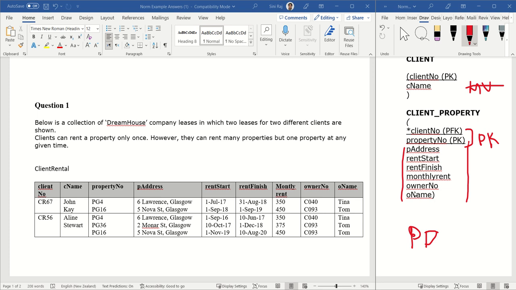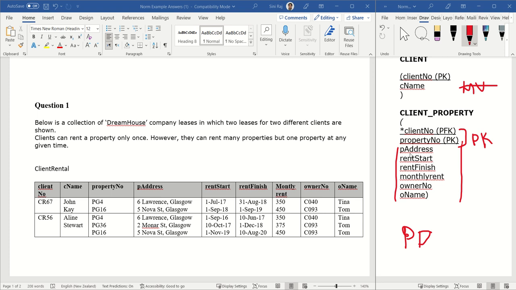So P address, monthly rent, owner number and owner name are all dependent only on property number, part of this composite primary key, and don't require client number. So there is a partial dependency here. Now we need to take property number, P address, monthly rent, owner number, owner name, everything as a different entity. That is what we are doing.